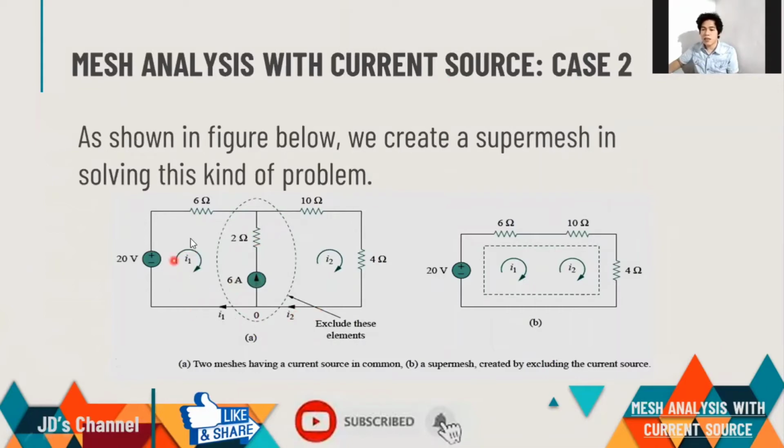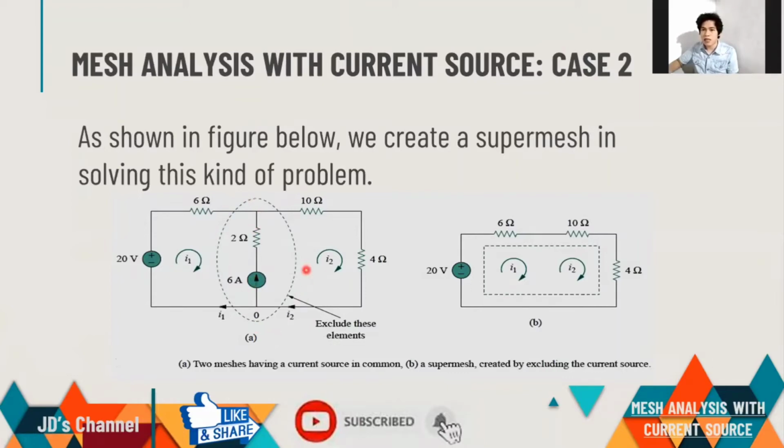Pansin niyo, class, meron tayong loop dito and meron din tayong loop dito, at meron ding current source dito. Siya ay nasa gitna nitong dalawa nating mesh current. So para ma-simplify natin yan, tatanggalin muna natin to.